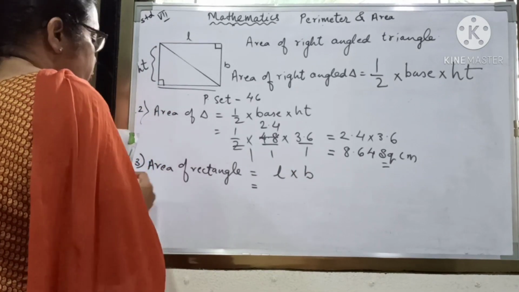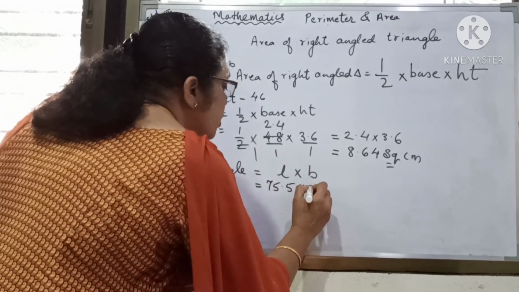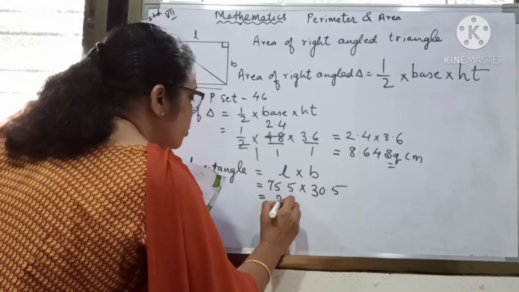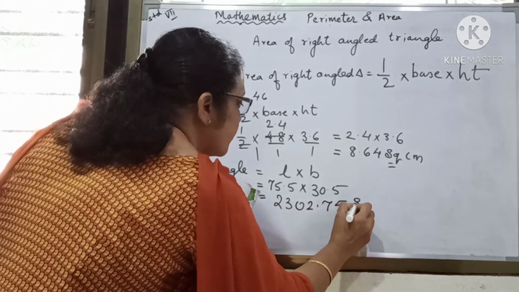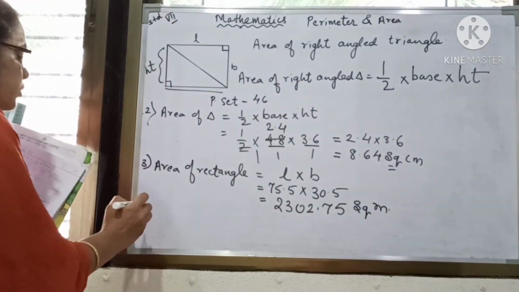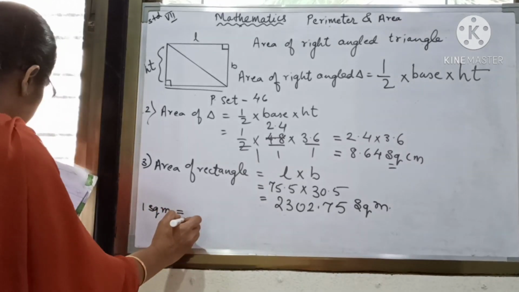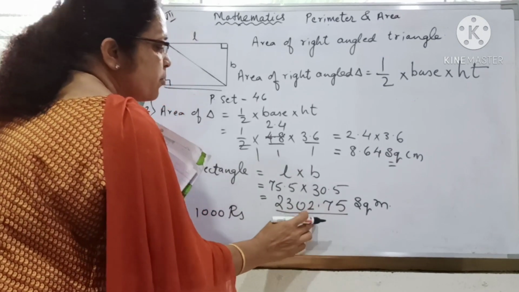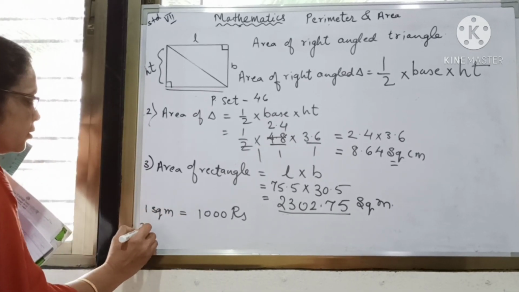The length is given to you, 75.5 into 30.5. Now this multiplication comes to 2302.75 square meter. Now the cost of 1 square meter is 1000 rupees. So if you have these many square meters, what will be the cost? So you have to do the multiplication.